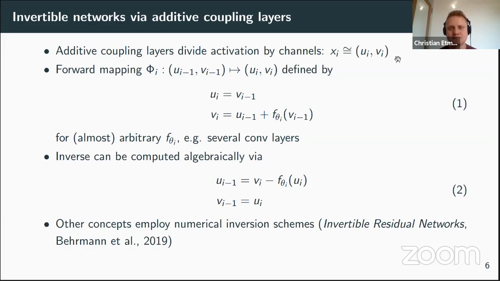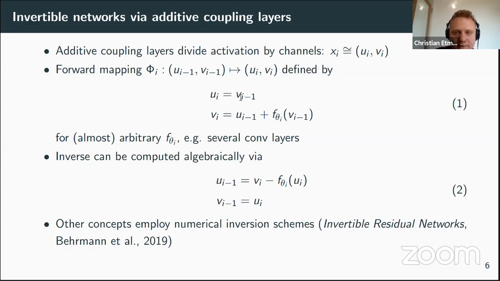So if we have 10 channels, maybe u_i is the first 5 channels and v_i is the second portion, so 5 more channels, basically. Then we can define a forward mapping, phi_i, which maps from the last layer's split activations to the next layer split activations by the following formula.